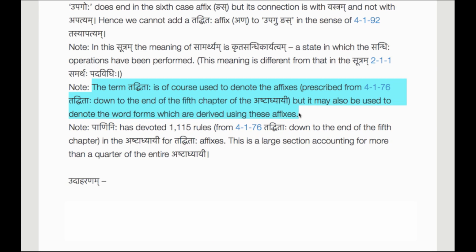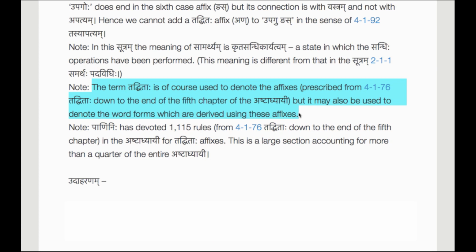But here tadhitaha of course refers to the affixes themselves, as is clear from the adhikara running from 4.1.76 to the end of the 5th chapter. But the term tadhitaha is also used to denote the word forms derived using these affixes.